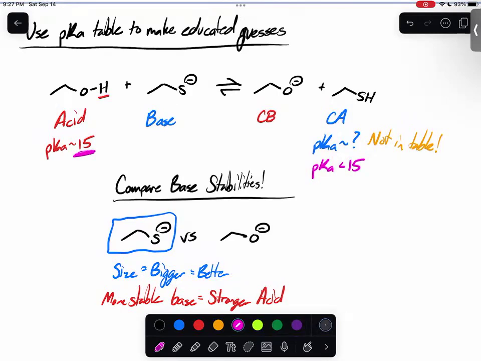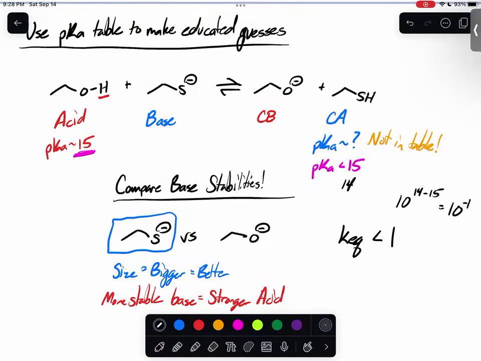So if the pKa here is less than 15, and the pKa over there is 15, that tells us that our KEQ has to be less than 1, right? The reason we come to that conclusion is that even if this was 14, for example, that would be 10 to the 14 minus 15, which would be 10 to the negative 1, and 10 to the negative 1 is less than 1.